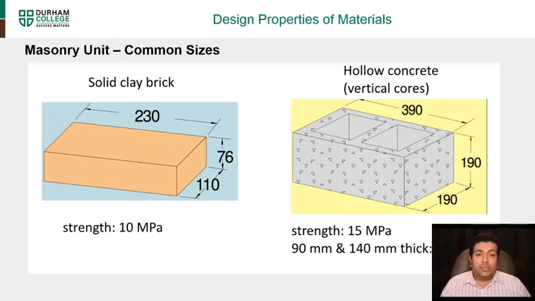Hollow concrete bricks come in different sizes, but the most common one is 390 by 190 by 190, and the strength is 15 MPa, and its thickness is anywhere from 90 millimeters to 140 millimeters. Let's keep in mind that the most common one we use is 390 by 190 by 190. We can find catalogs out there for different types of bricks, but this is the most common one that we use.